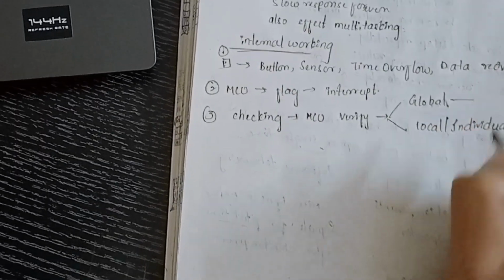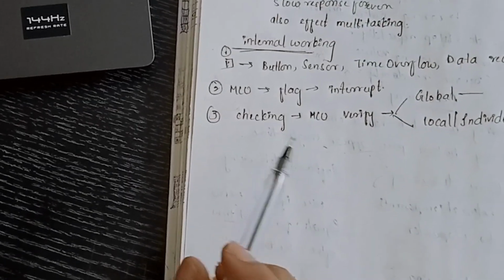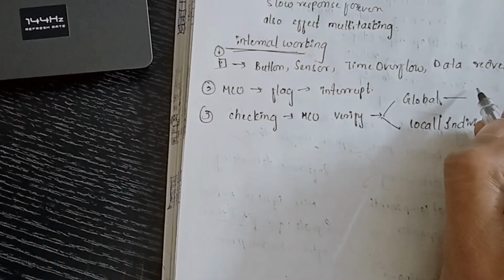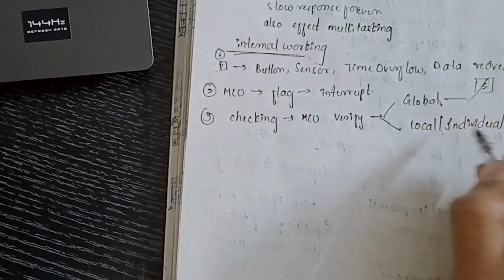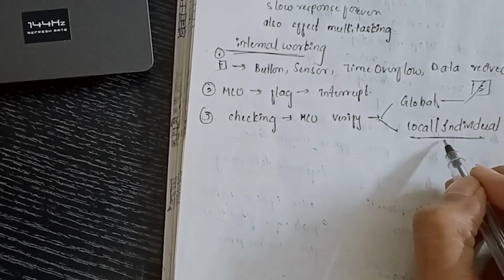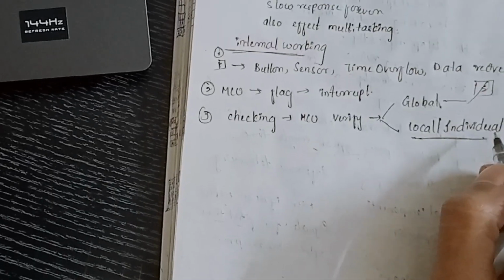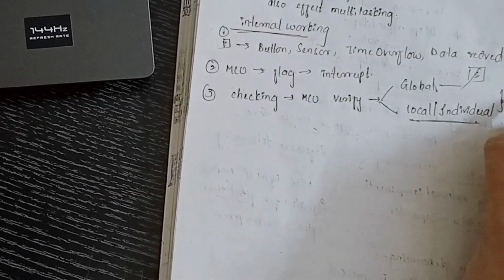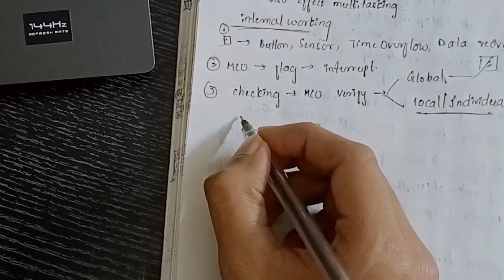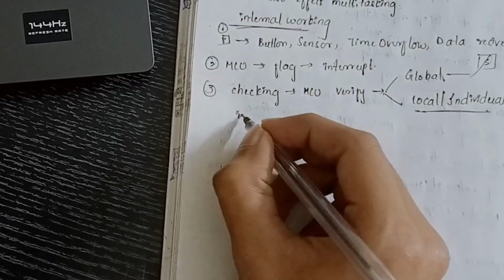Let's understand global with an example: say your mobile phone is on silent mode. And a local interrupt would be like you have paused notifications from a particular application. When both these conditions are verified, it confirms that the interrupt is present.